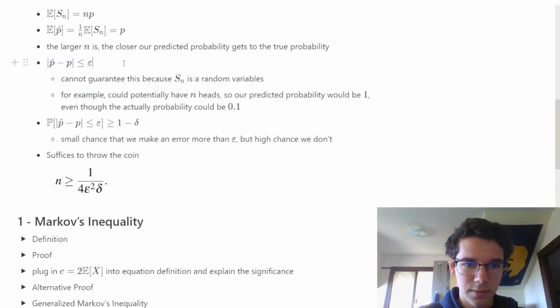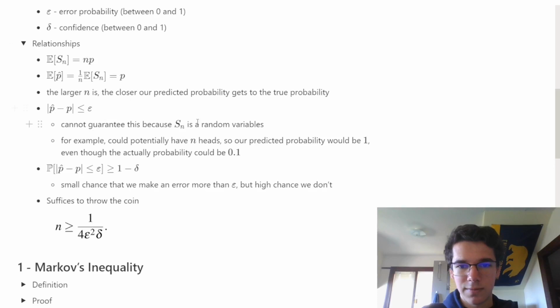Now we're going to go over this. This is saying, is the difference between our estimate and the actual probability less than or equal to our error term? We can't always guarantee that this is the case, because our random variable can take on a number of different values.